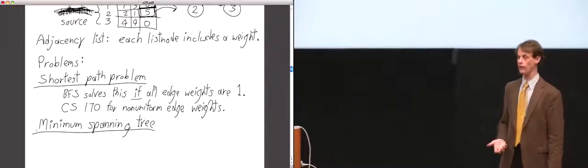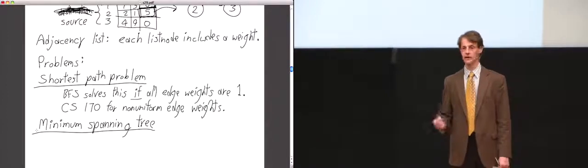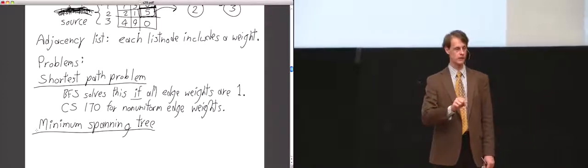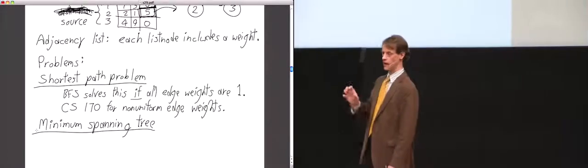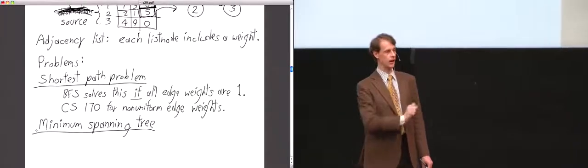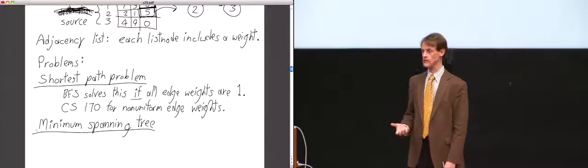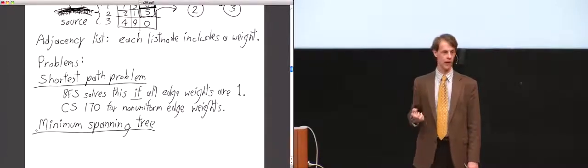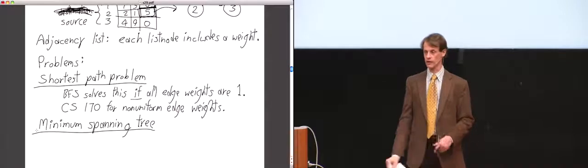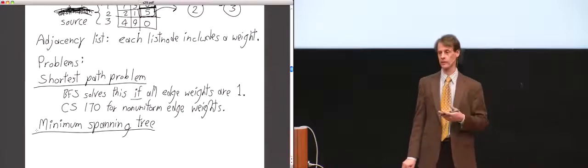Suppose that you're wiring a house for electricity, and you have various points in the house where you want to install an outlet. So you've got specific fixed electrical outlets. You also have somewhere in the house a source of electricity, where the electricity is coming through the wall into the basement or whatever. And you want to attach them all together.